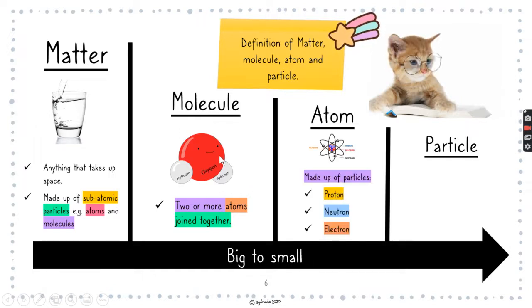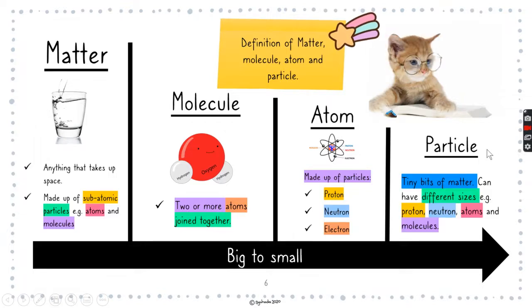An atom itself is made up of a proton, a neutron, and electrons. Sometimes there might not be neutrons, I think, but they should have protons, neutrons, and electrons, and that is the structure of one atom. And what is a particle? A particle is tiny bits of matter.